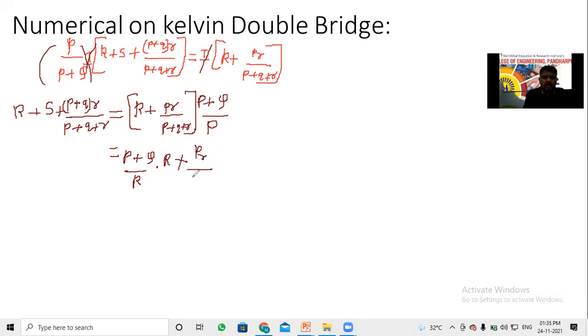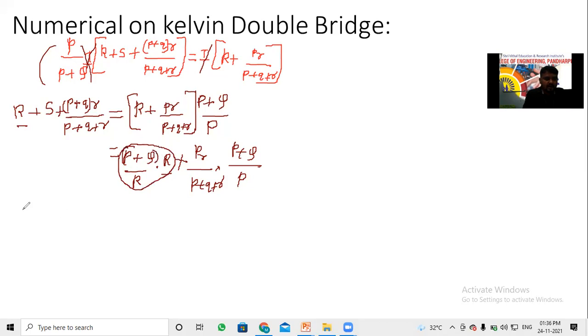Remember, PR plus P plus Q plus R into P plus Q divided by P. We keep as it is here. So here also R term is there, capital R. Here also capital R term is there. What you do, you complete term, you send into RHS side. It will become minus now here. Okay.